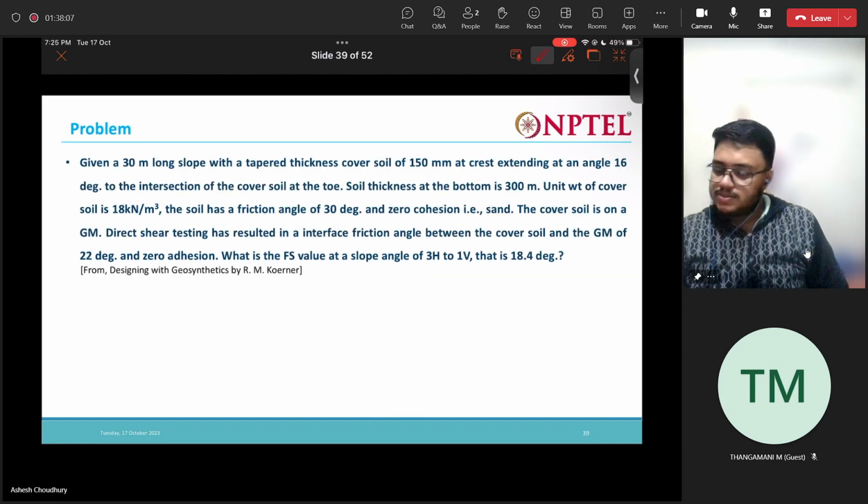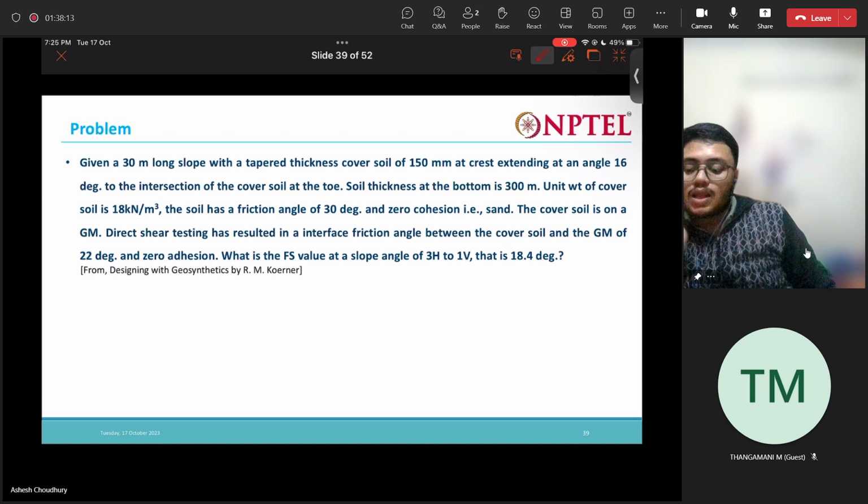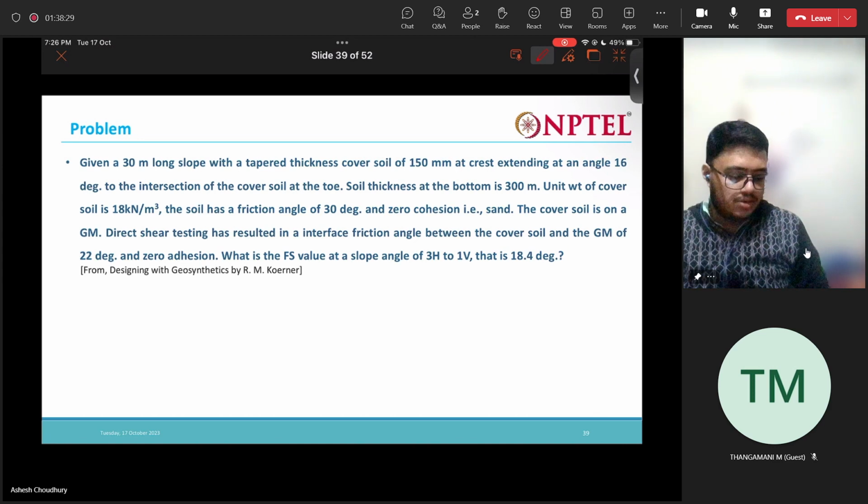Now one more problem, same problem, but it will be tweaked for a tapered slope. So given a 30-meter long slope with a tapered thickness cover of 150 mm at the crest, extending at an angle of 16 degrees to the intersection. That angle omega, which I wrote, that omega angle. If you see the figure, actually it will be clear.